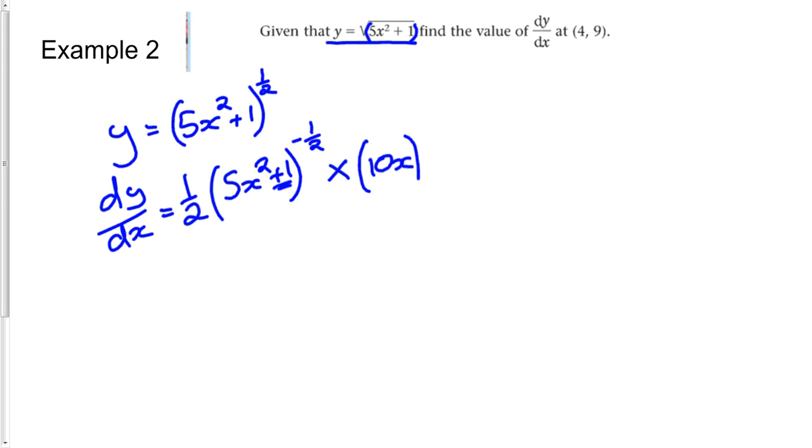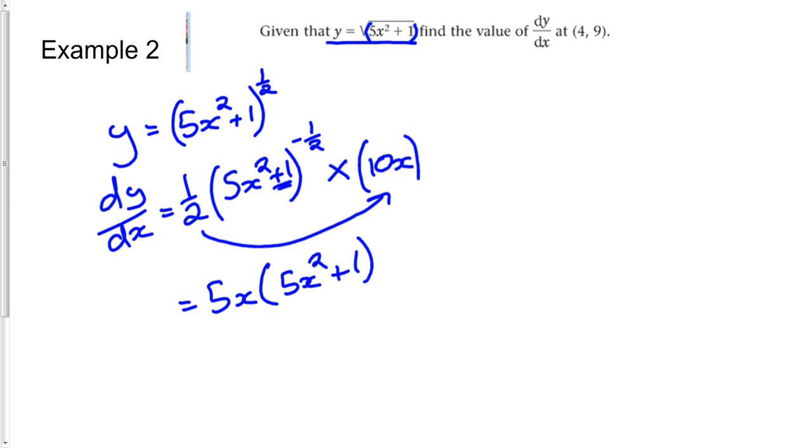And then we can actually simplify this, so the half times by 10x would leave us with 5x bracket 5x squared plus 1, all to the power of minus 1 half. But the question doesn't say that, so we've got to differentiate it.